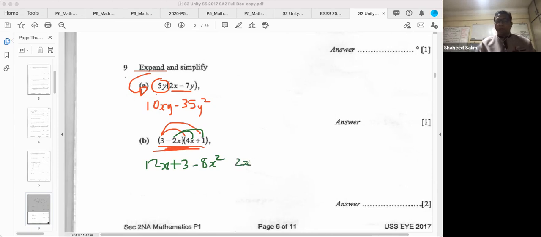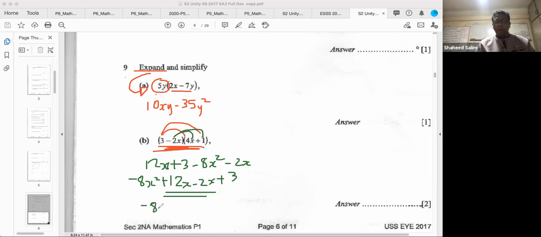X squared. 2 times 1, 2. X times, and then minus. So you have missed out your x squared. Okay, so we arrange that. Minus 8x squared plus 12x minus 2x plus 3. Then what happens? Down here, these two can simplify now.